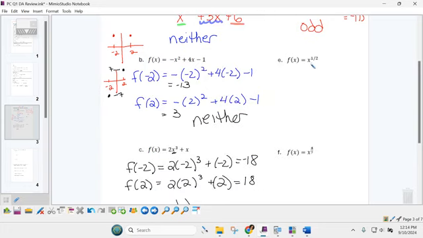All right, so now we've got power functions here with this x to the 1/2. Let's do 4 and negative 4. 4 to the 1/2 power, negative 4 to the 1/2 power.